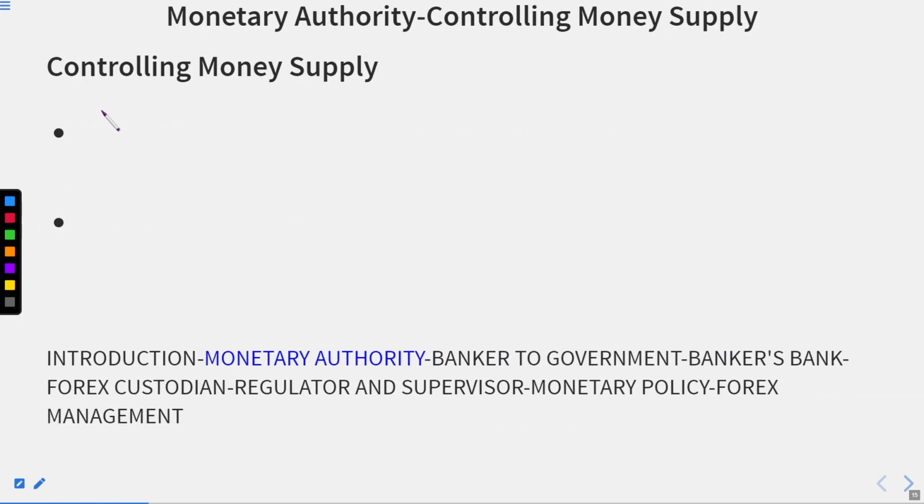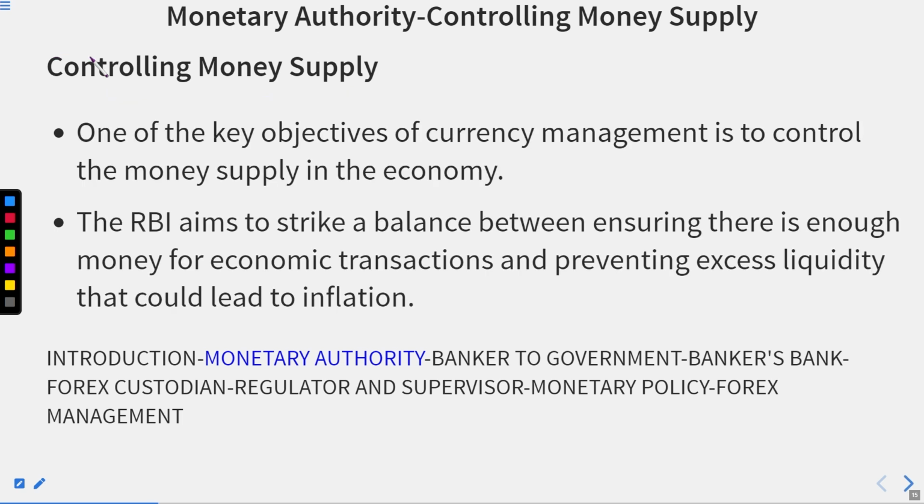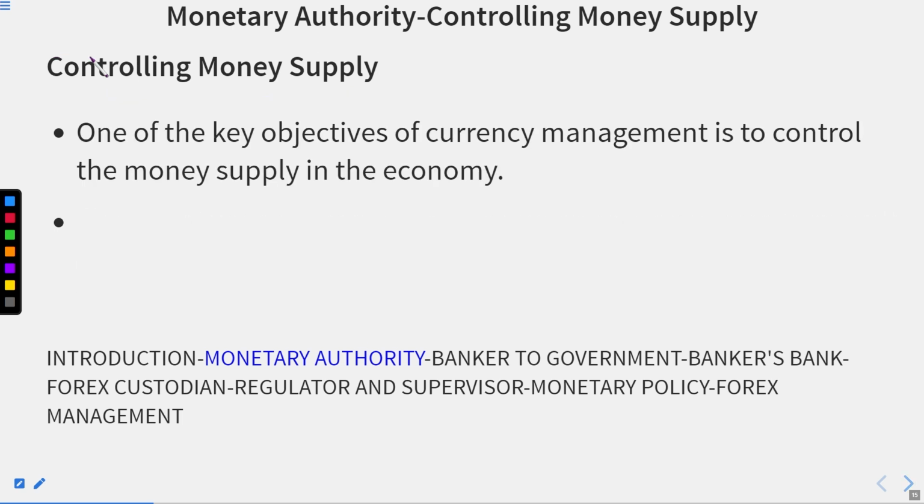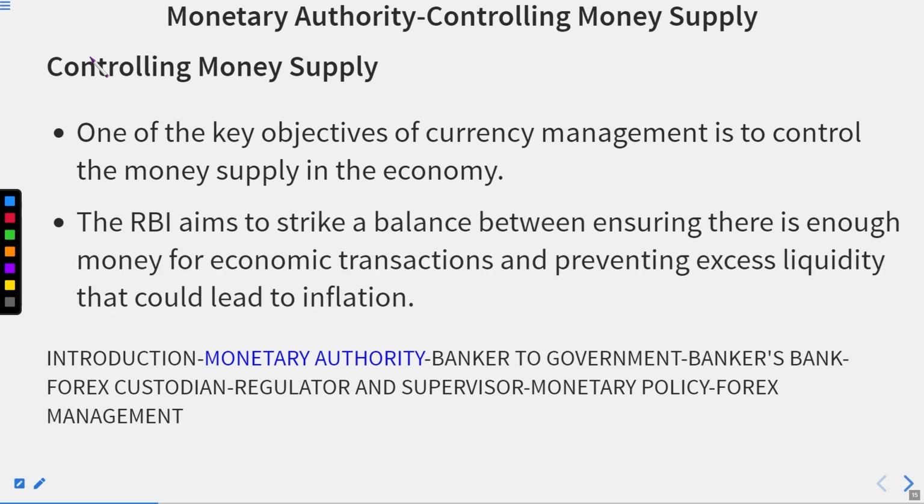Controlling the money supply. One of the key objectives of currency management is to control the money supply in the economy. RBI aims to strike a balance between ensuring there is enough money for economic transactions and preventing excess liquidity that could lead to inflation. Okay, we had discussed that inflation is good, but only in a controllable manner.